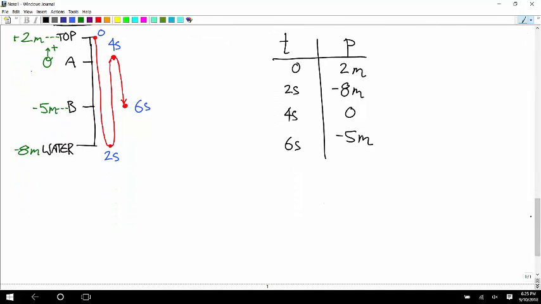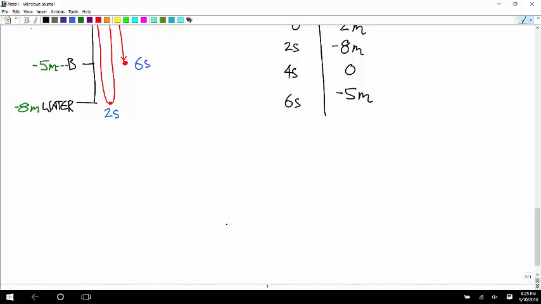And now to go from this table to graphing it, you're just plotting those points. So let's see. The horizontal is always the time. The vertical is always the position. The times we care about are 2 seconds, 4 seconds, 6.